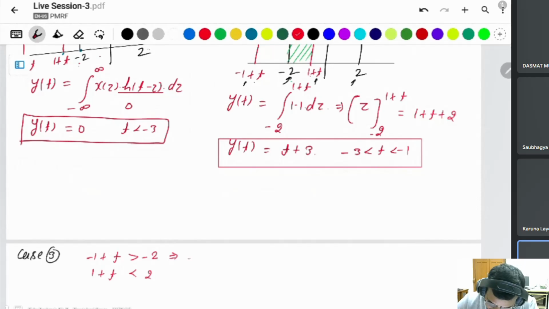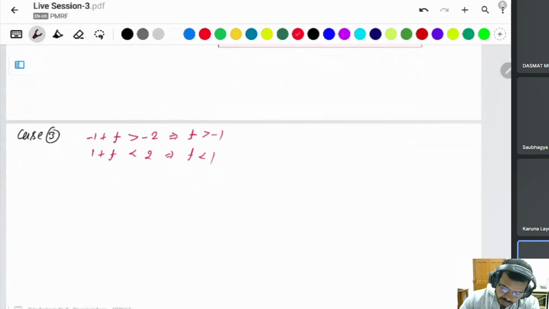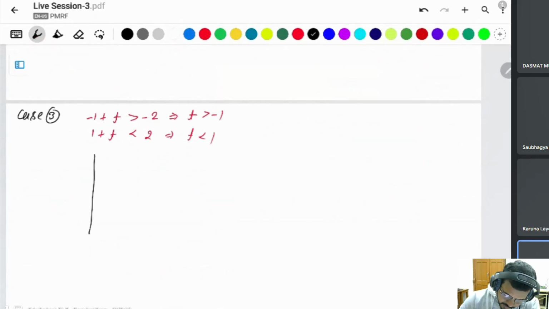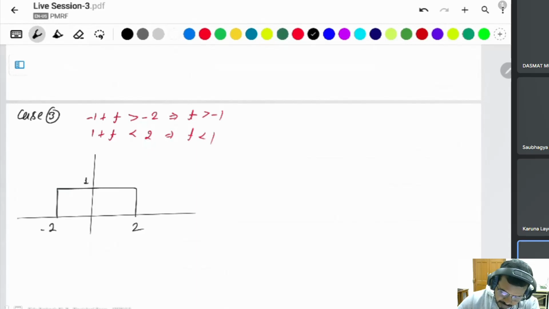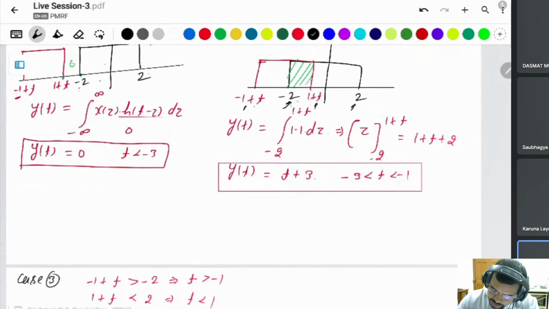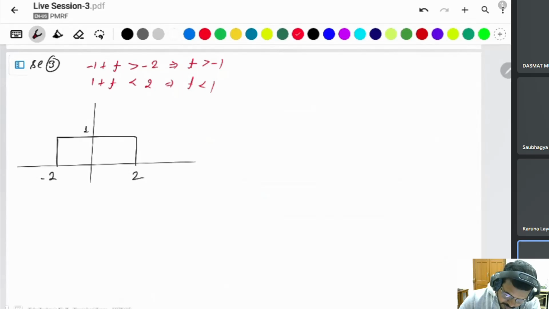Then t is greater than minus 1 but less than 1. Then how does the signal look? Minus 1 plus t is greater than minus 2 but 1 plus t is less than 2. It means it will be between them, somewhere from here to here: minus 1 plus t, 1 plus t.